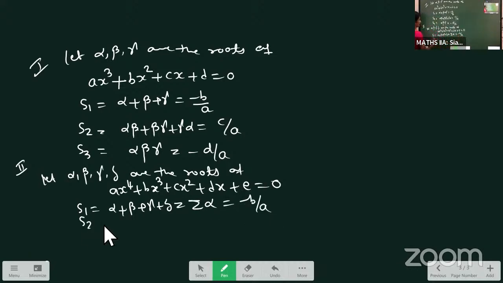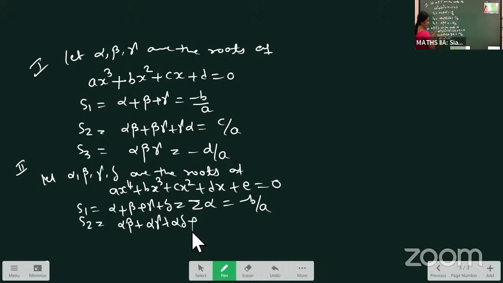S2 is a little bit difficult here. You have to write the product of two roots. How to take the products? First write the combinations with alpha: alpha beta + alpha gamma + alpha delta. After completing alpha, write all combinations of beta.